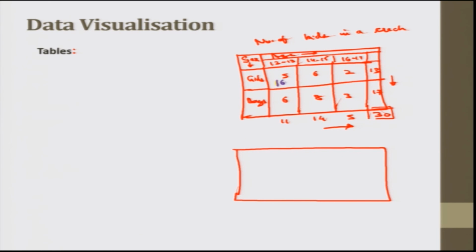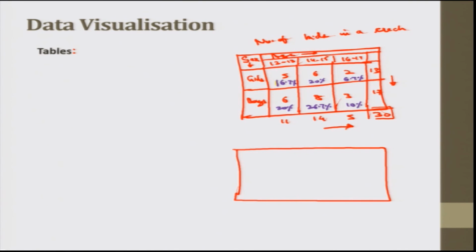This is actually 5 by 30, which is 16.7%, 6 by 30 is 20%, 2 by 30 is about 6.7%, this is again 20%, 8 by 30 is 26.7%, and 3 by 30 is 10%. Now, this kind of tabular formulation is used for goodness of fit.